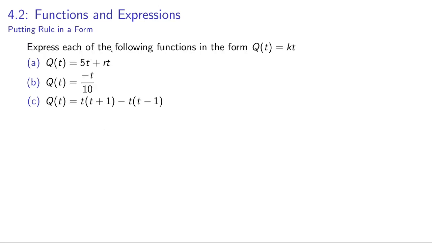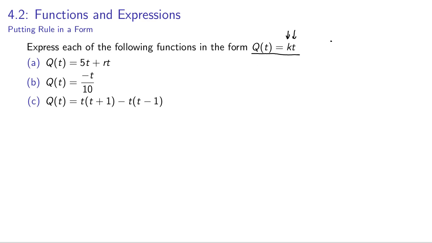Next, let's talk about how to put functions in a particular form. So if we're told to put a function in this form, we need to have our rules such that we can identify k, which must be a constant, it's not an input, and t the input. And we can have different kinds of forms for functions.